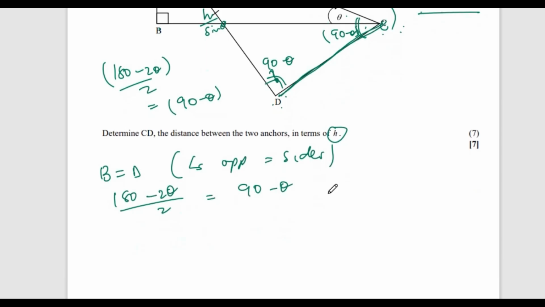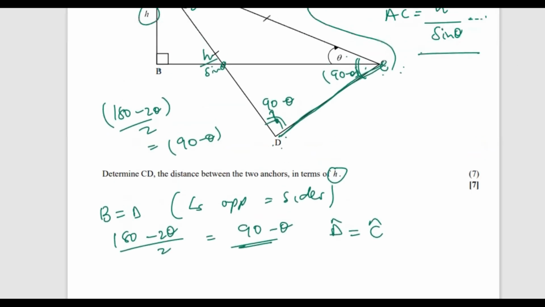So D is the same as C, which is 90 minus theta. Then I'm going to apply my sine rule.